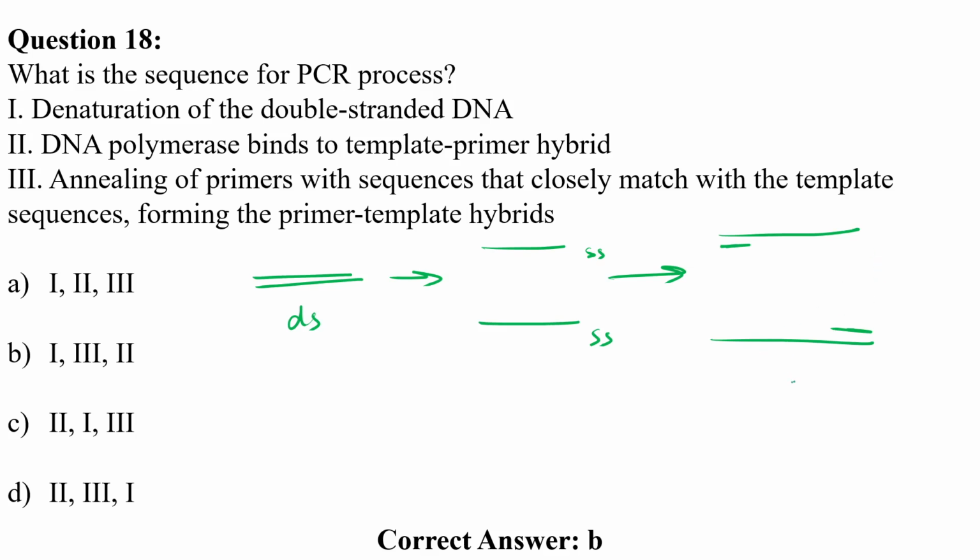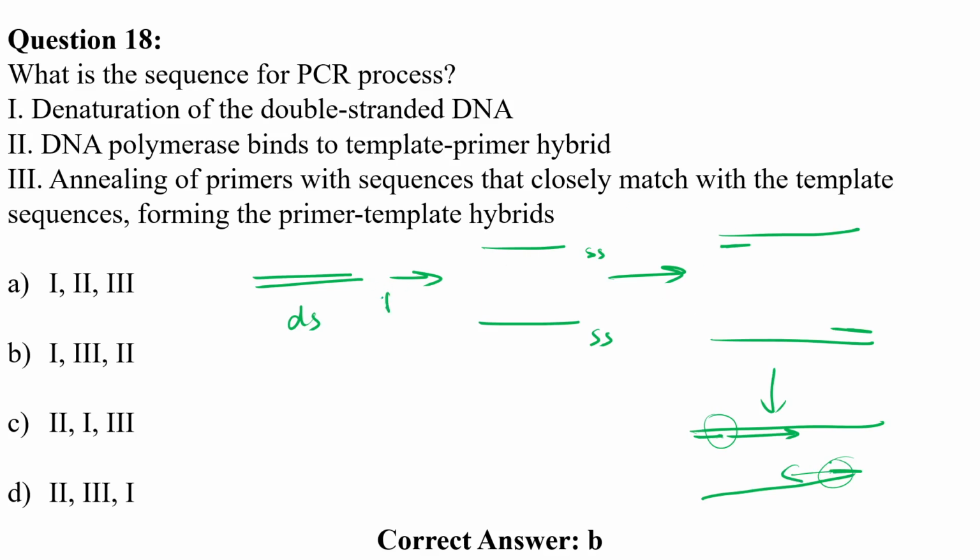In the last step, extension will happen, where DNA polymerase will bind to the bound primer-template hybrid, and extension will occur for this strand in this direction and for this strand in this direction. So this is how the PCR reaction works.